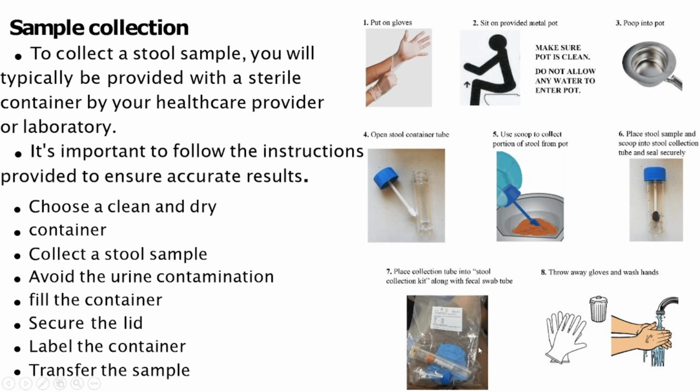One of the major and important things is to firstly and always label the container tube properly with the patient's name or patient identifier number, and then transport the sample safely to the medical laboratory for further examination. The eighth step is to throw away gloves and wash hands. Washing hands is one of the best ways to prevent infectious diseases, as we all know. These are the eight steps used in the sample collection of stool.